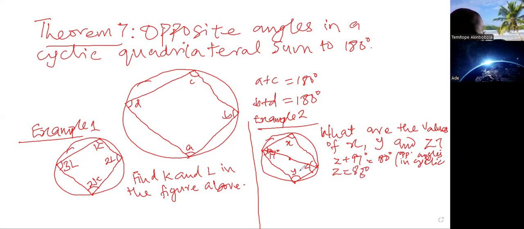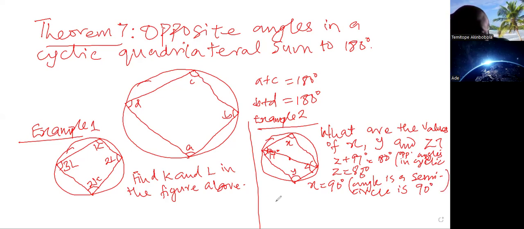Now, since you have been told that this is a center and you know that this is going to be a semicircle, so X equals 90 degrees, you will now put in brackets, angle in a semicircle is 90 degrees. So that answers that.